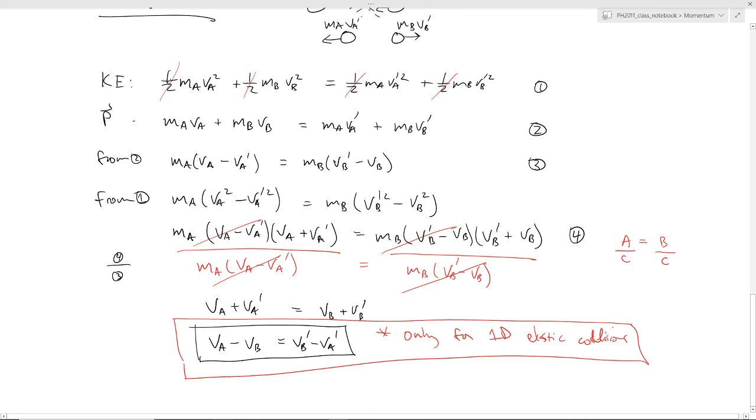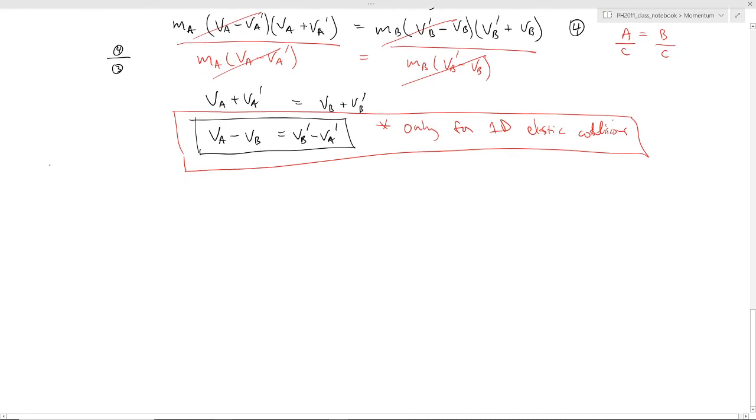Let me show you what impact this has on our hockey puck problem that we just talked about. Basically, I'll show you how this lets you solve this problem in a different way. Remember, we had this situation: a puck whacking into another one, and we knew the masses, and we were trying to find VA prime and VB prime.